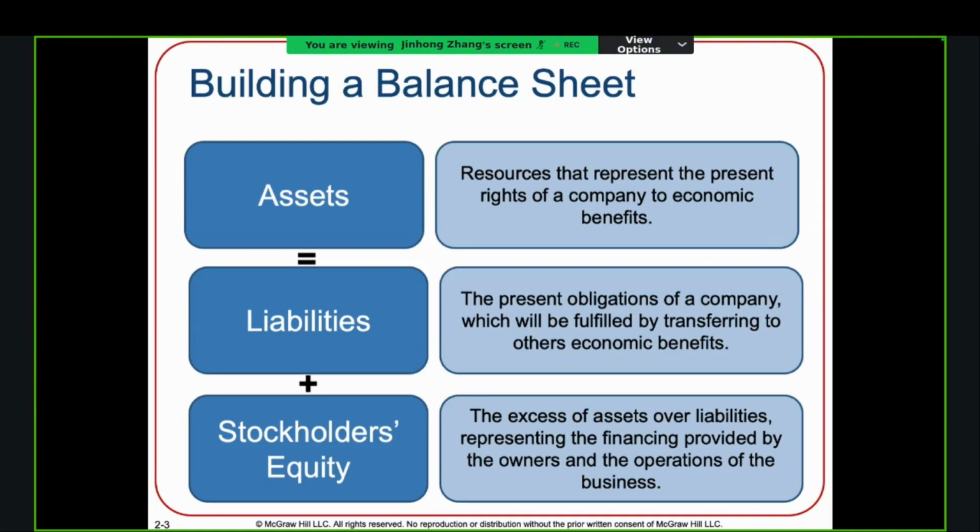In everyday language, assets are what you own that will generate cash flow for you, like equipment, buildings. Liabilities are the present obligations of a company, which will be fulfilled by transferring other economic benefits. Basically, what you owe people, you need to pay people.